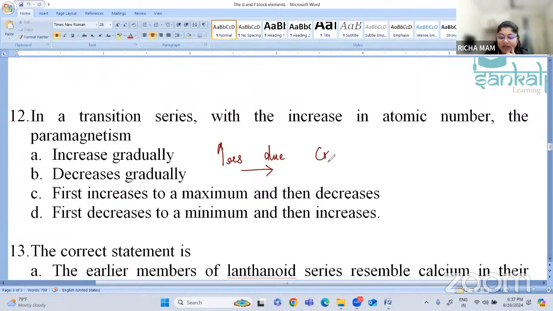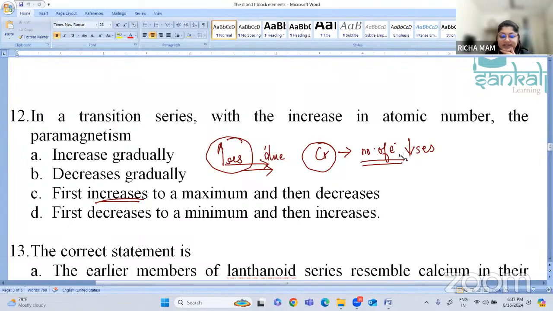After chromium, the number of unpaired electrons will decrease. So first, across the series, the unpaired electrons increase, and because of that the paramagnetism also increases. After chromium, the number of unpaired electrons will decrease, and paramagnetism also decreases. So option C is the correct answer.